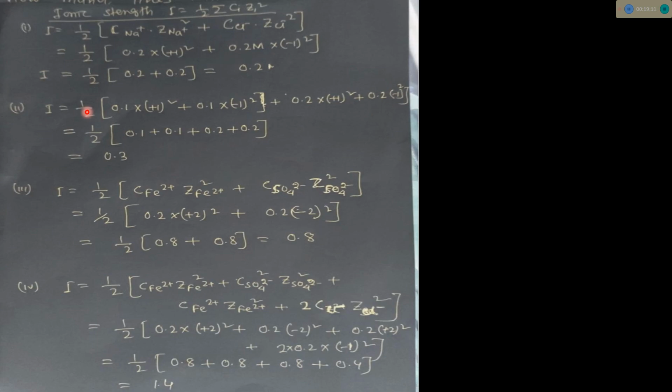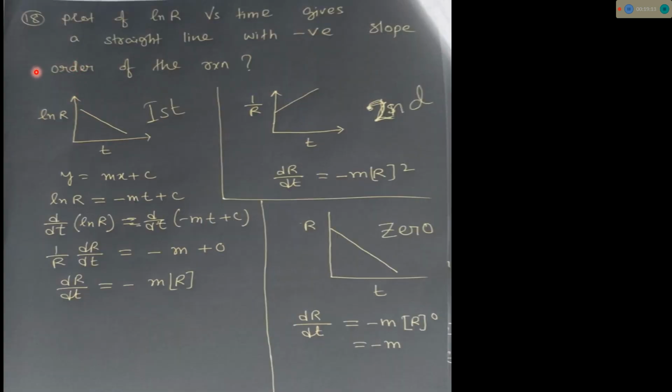So let's move to the next question. A plot of ln R versus time gives a straight line with negative slope. What is the order of the reaction?